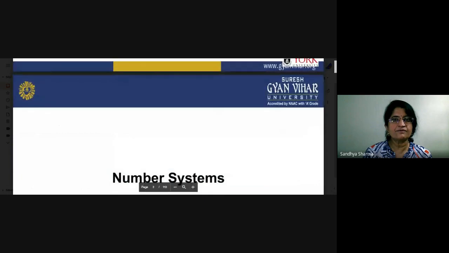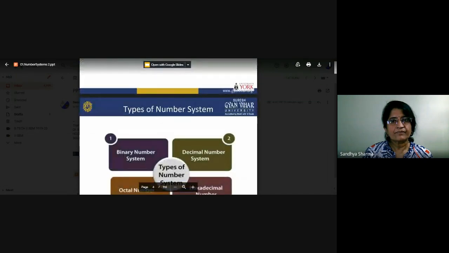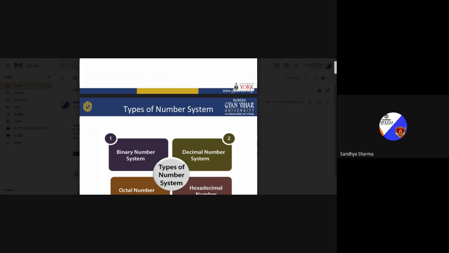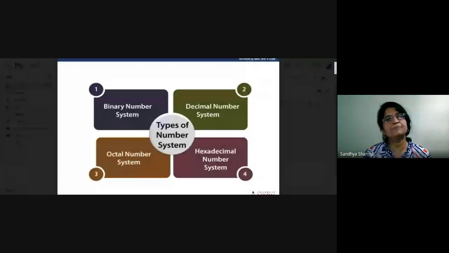Number system is divided into four types: binary number system, decimal number system, octal number system, and hexadecimal number system.